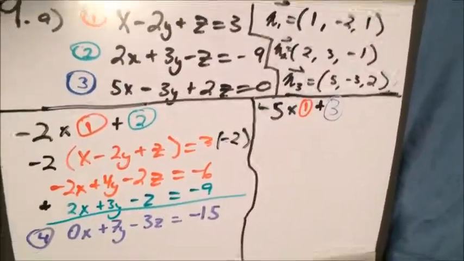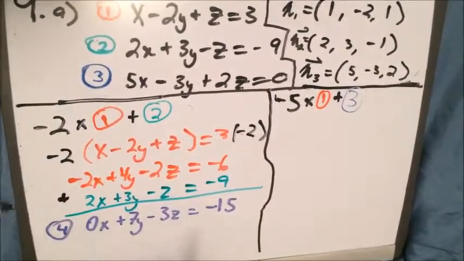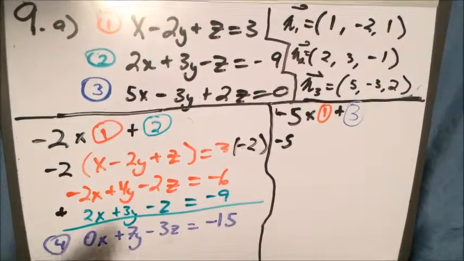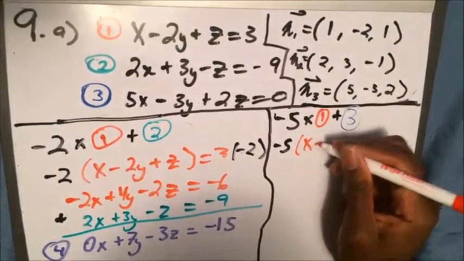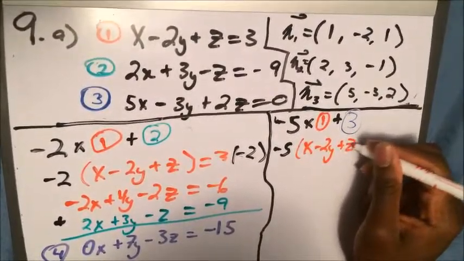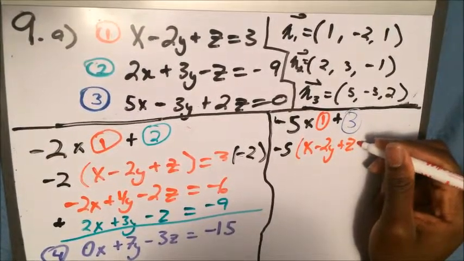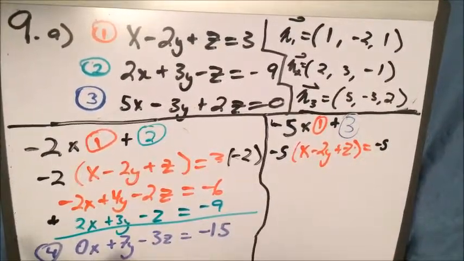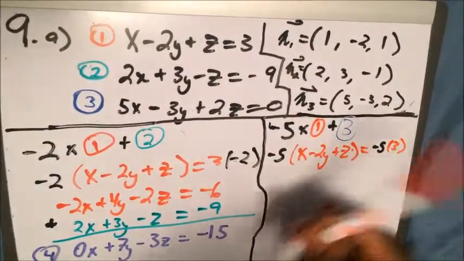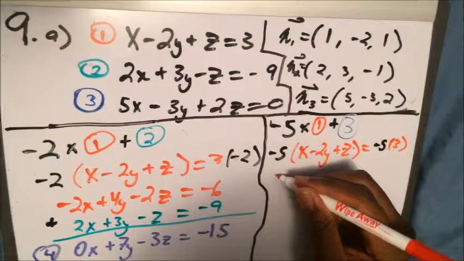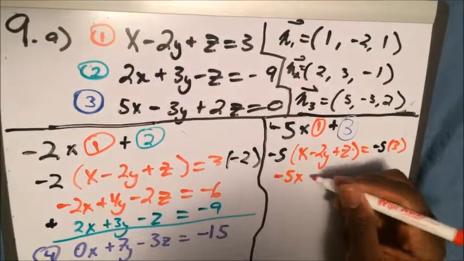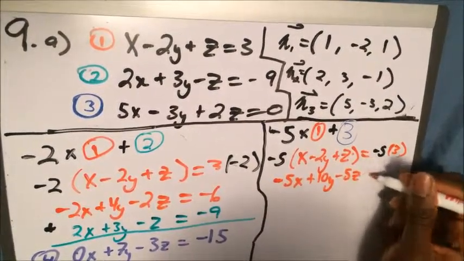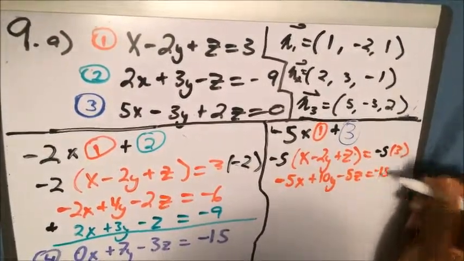Okay, so what that looks like is negative 5 multiplied by x take away 2y plus z equals negative 5 times 3. And our new equation 1 for this system of equations is negative 5x plus 10y take away 5z equals negative 15.